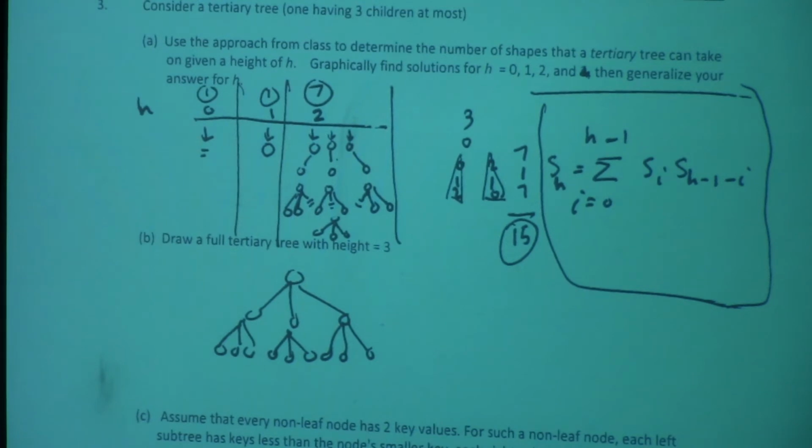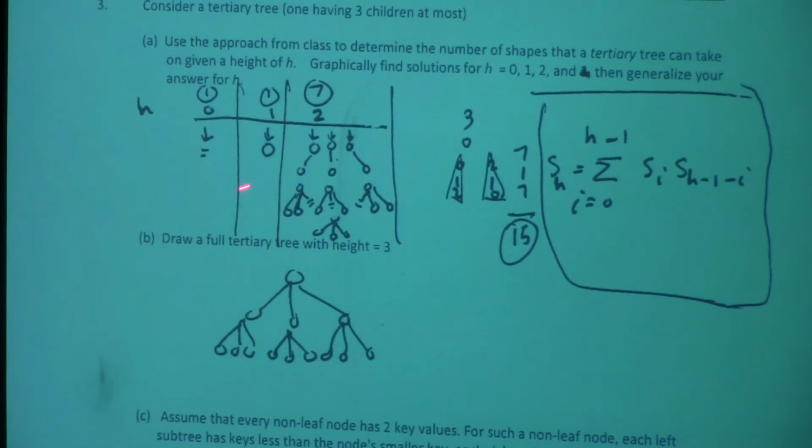When we get to 2, things get more complicated because it's a tertiary tree. So the number of shapes, you have to have a height of 2. So you have to have a root, and then you have to have something at the next level. So you can have a left child, a middle child, or a right child. But you could have 2 children also at that level. So therefore, how many ways can you have 2 children? Well, you can have left and middle, left and right, or middle and right.